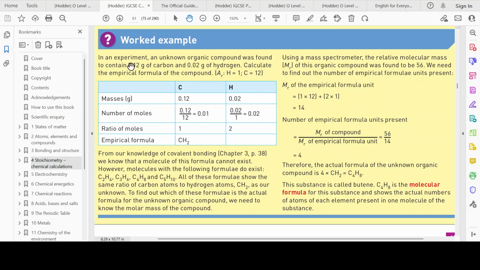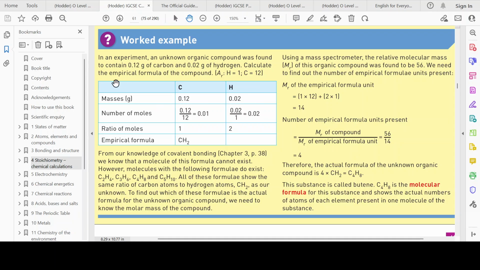So in an experiment, an unknown organic compound was found to contain 0.12 grams of carbon and 0.02 grams of hydrogen. You make a table over there. Those are the only two elements in the compound. So you put carbon, hydrogen, the elemental symbols, and the masses were 0.12 and 0.02.